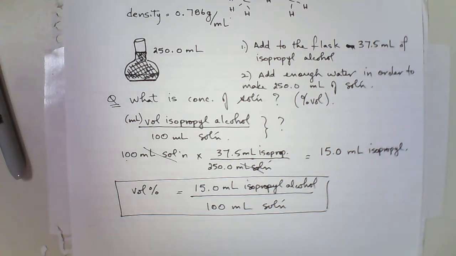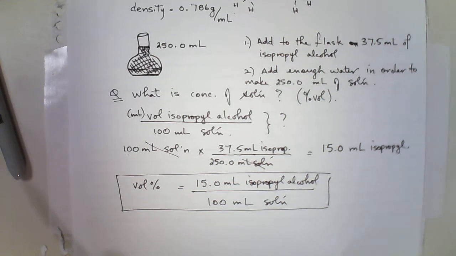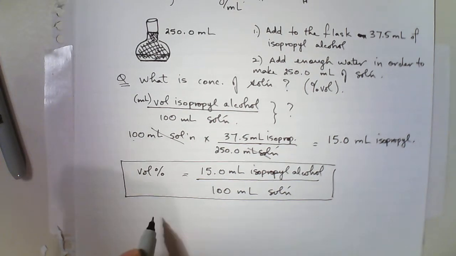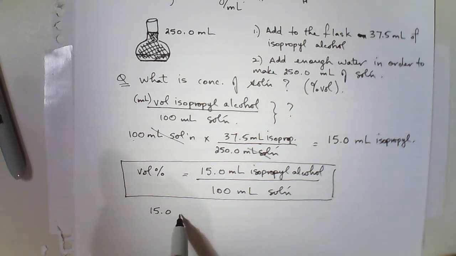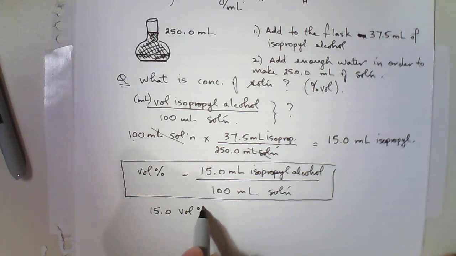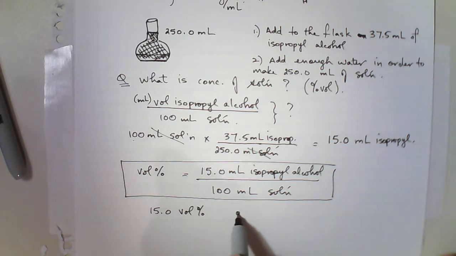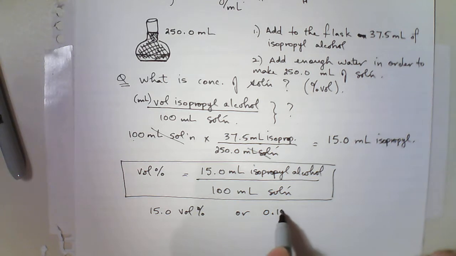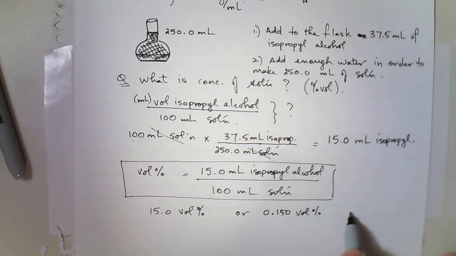So now, here's the question. Is this solution 15.0 volume percent, or is it 15.0 divided by 100, 0.150 volume percent? Which one is it?